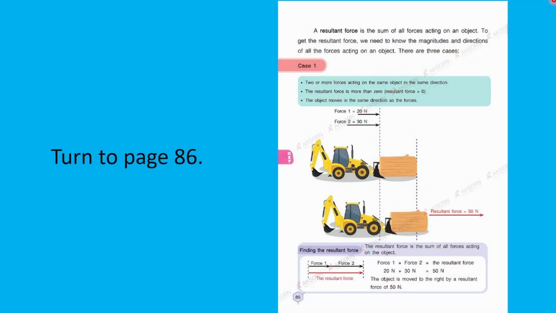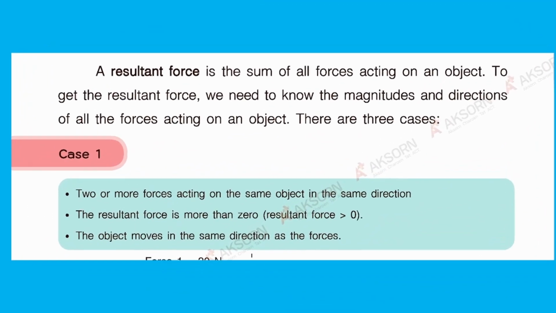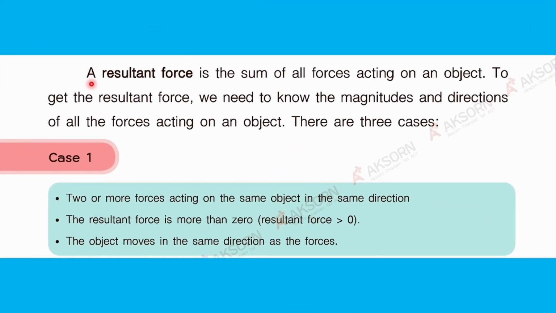Turn to page 86. A resultant force is the sum of all forces acting on an object. To get the resultant force, we need to know the magnitudes and directions of all the forces acting on an object.